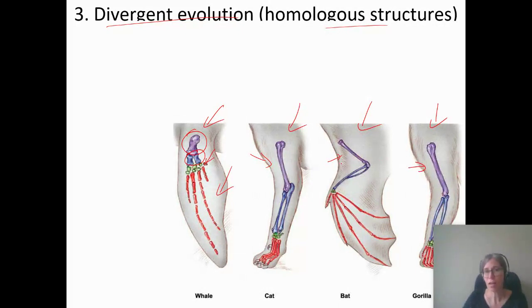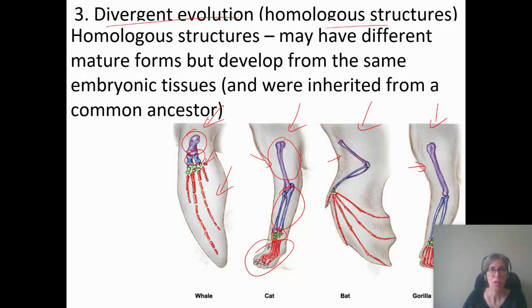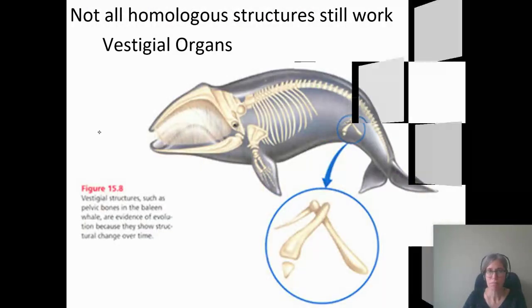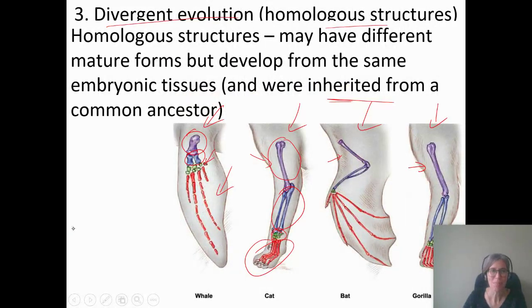So they all had a common ancestor that had one bone, followed by two bones, followed by a bunch of little wrist bones, followed by hand bones. So homologous structures can have different mature forms, but they develop from the same embryonic tissues, and they were inherited from a common ancestor.